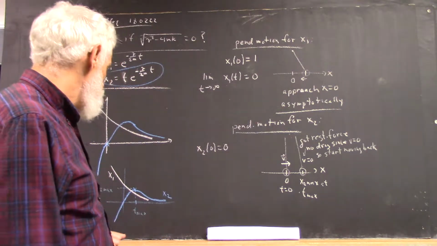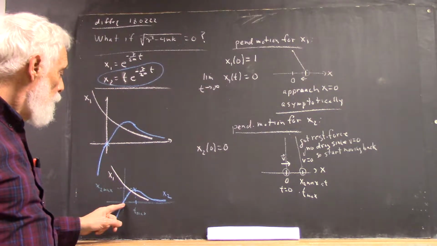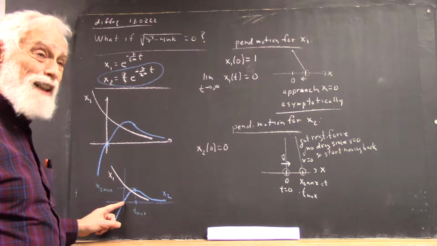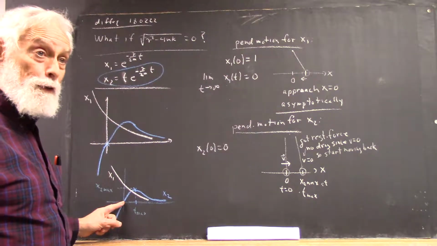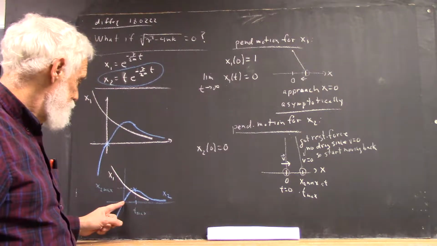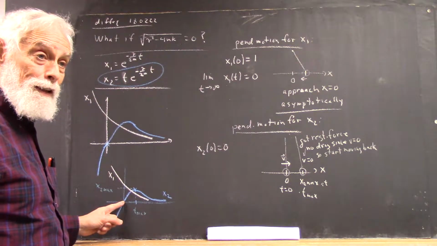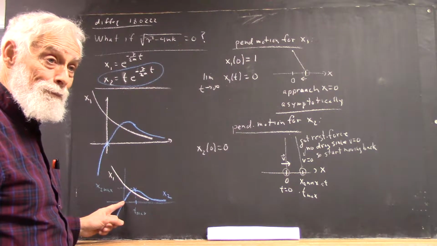So, what happens? Well, you can tell here you've got a non-zero velocity at this point. If you didn't, well, you'd have no restoring force and no drag force, right? No restoring force because x is 0, and you're not displaced from your equilibrium position, and no drag force because it's not moving, right?